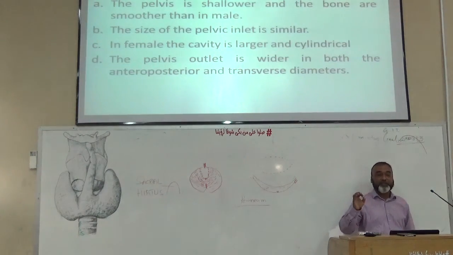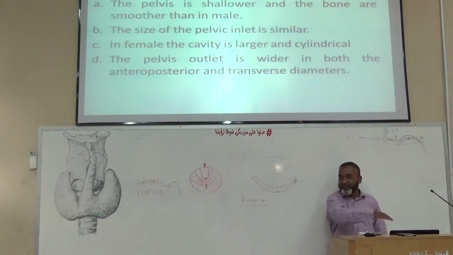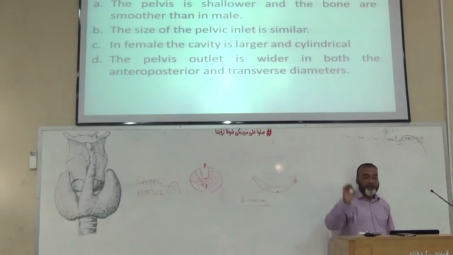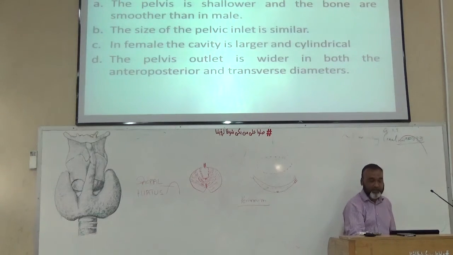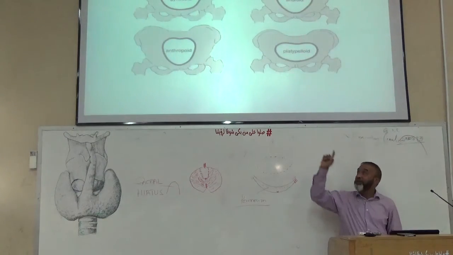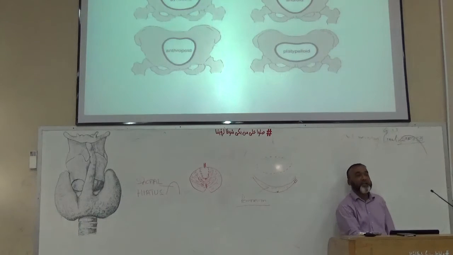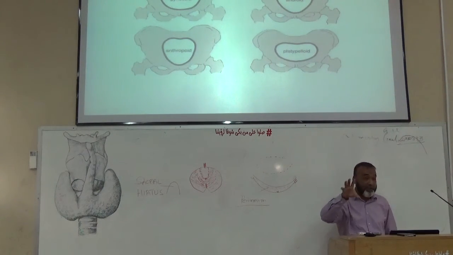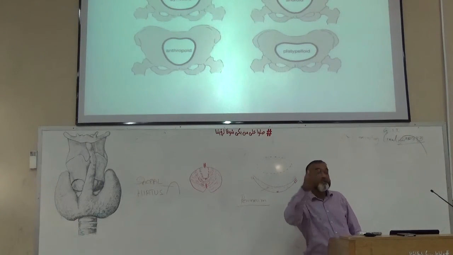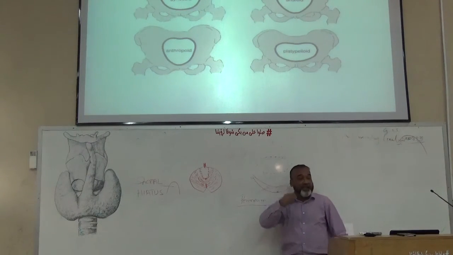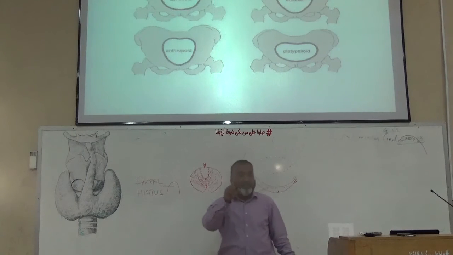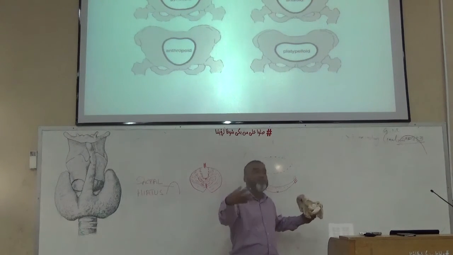The commonest pelvis, which has the features which I described, is named the gynecoid pelvis. And next I will give the first diagram. This is the gynecoid pelvis. This is the commonest pelvis in fertile females, which gives vaginal delivery, that is the normal delivery through the vagina.